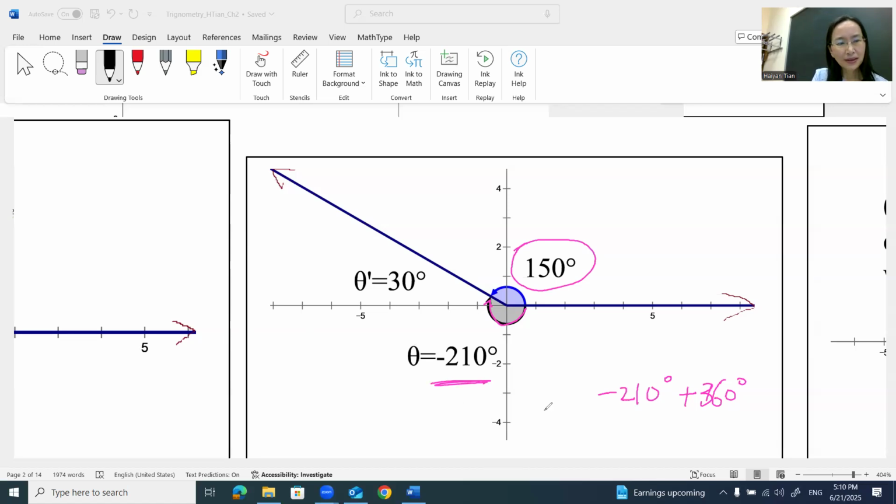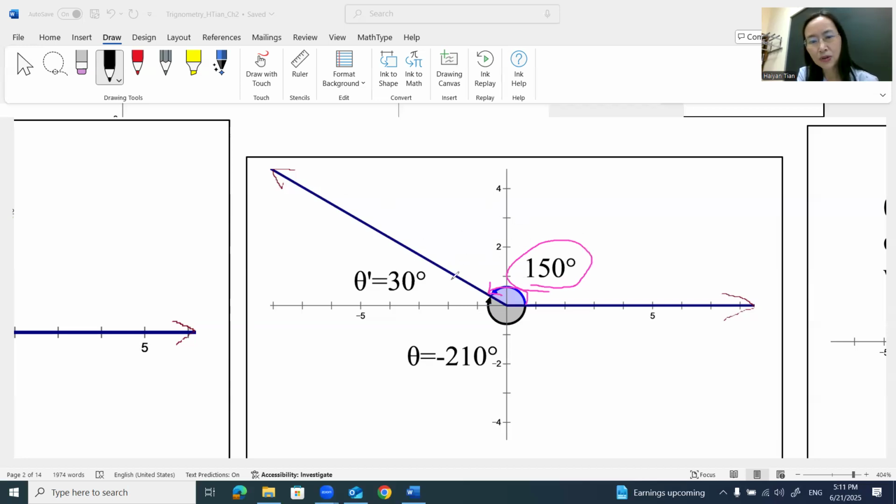So the good thing about the 150 degrees is that it is positive and it's not too positive. It's still less than 360. So quickly we know it is in the second quadrant. You see it's positive, but it's less than 180 degrees and more than 90 degrees.